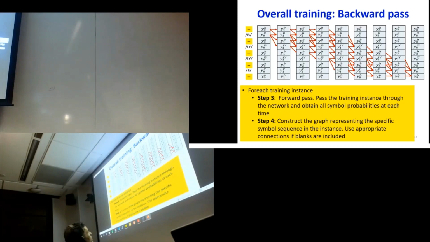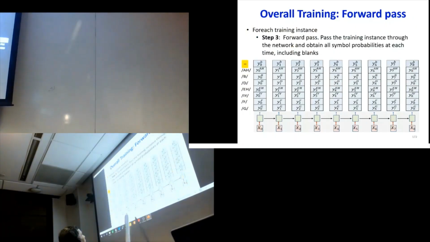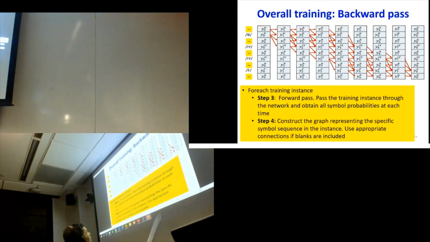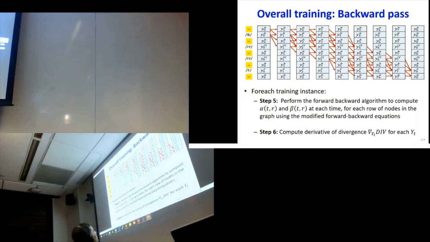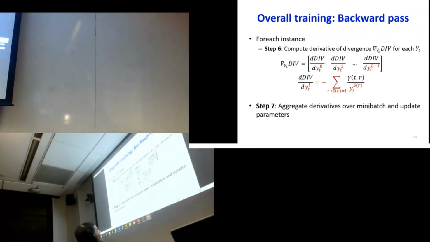Then in the next step, you would construct this graph for the input. This forward pass is going to be computed for each training instance. And then in the next step, you would compute this graph for the training instance from the probability table, and then perform the forward and backward algorithms to compute the alphas and the betas at each time for each row, and subsequently compute the gammas, and compute the derivative of the divergence for each output symbol.